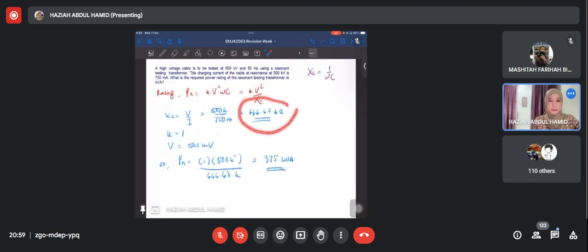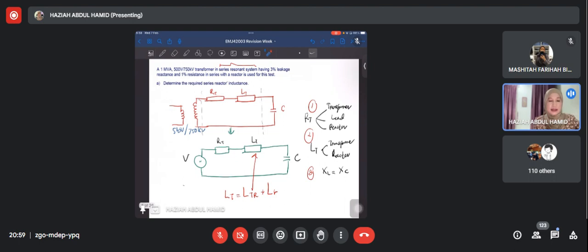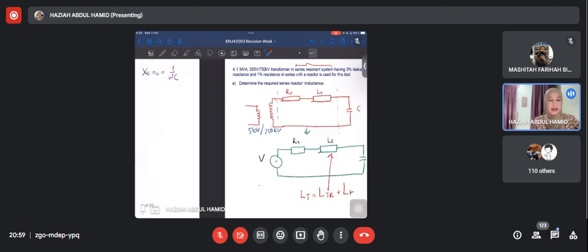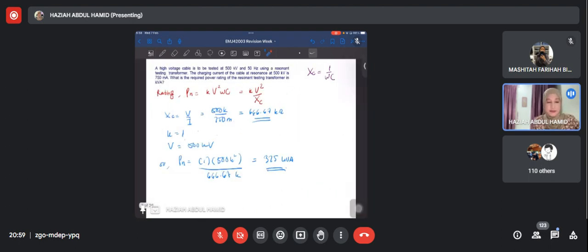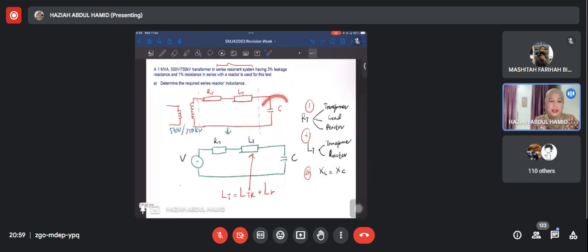This is the capacitive reactance of the circuit. Dekat sini, this part kita dah dapat tadi 666.67 kilo ohm calculated earlier.